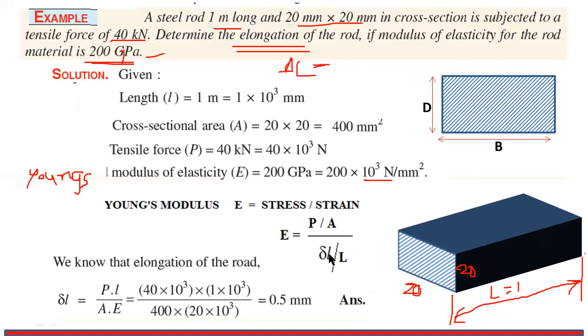The formula for change in length is delta L equal to P into L by area into Young's modulus.